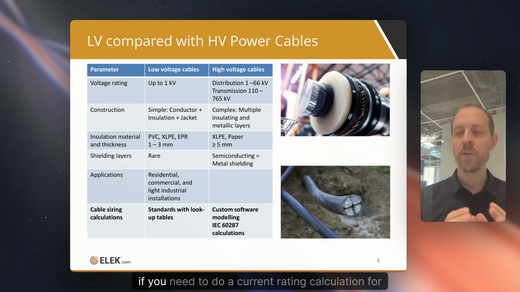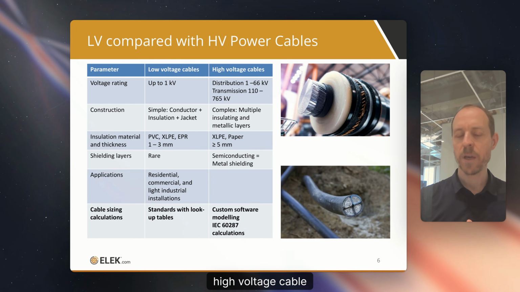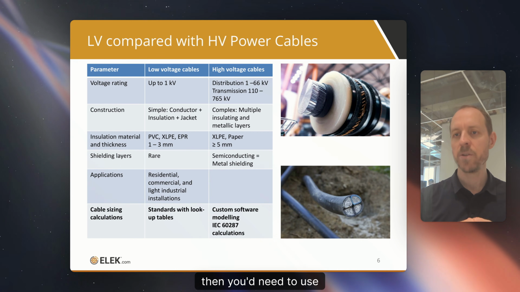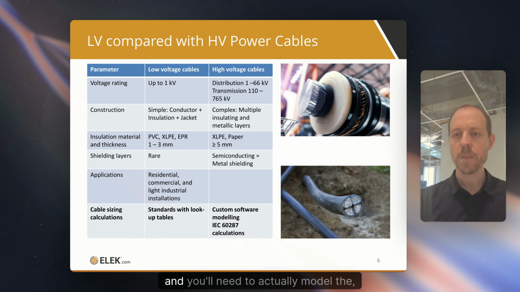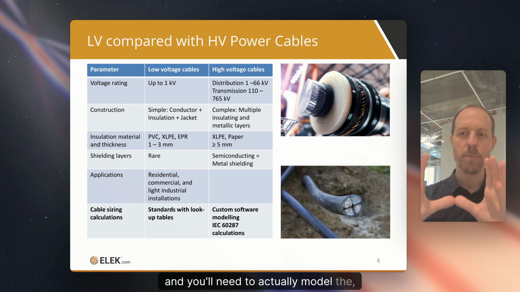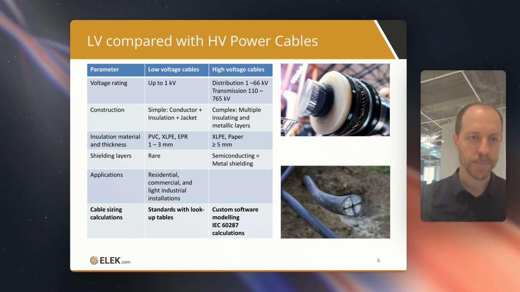Whereas if you need to do a current rating calculation for a high voltage cable, then you'd need to use more advanced software calculations. And you'll need to actually model the cable in the software.